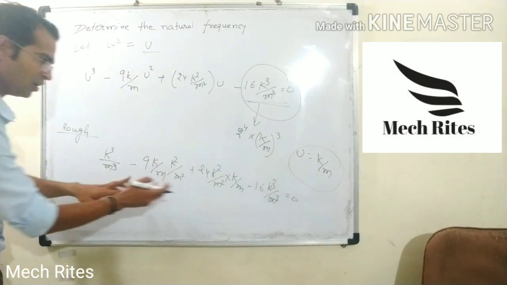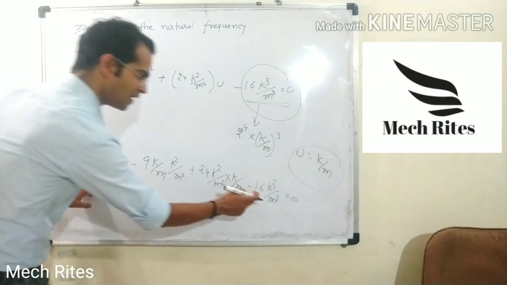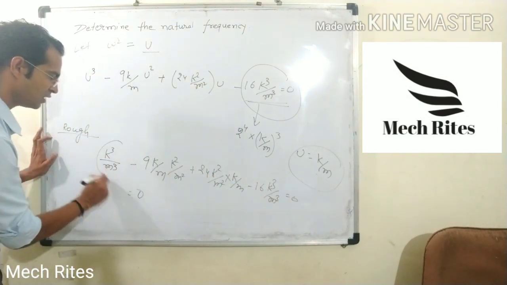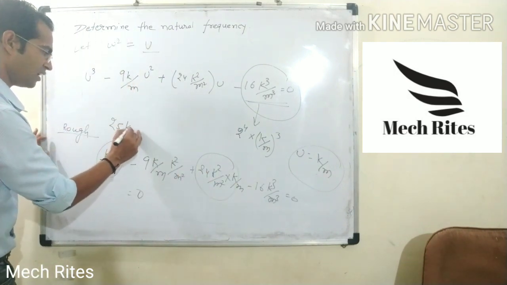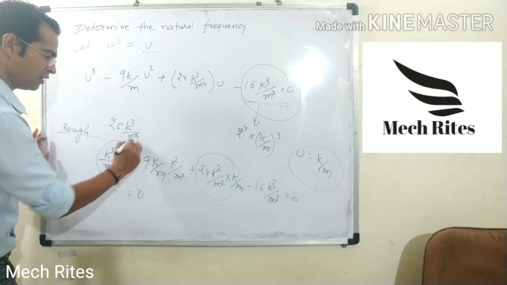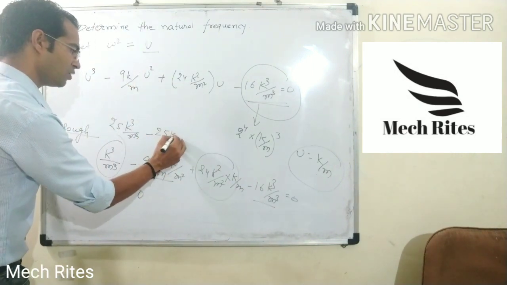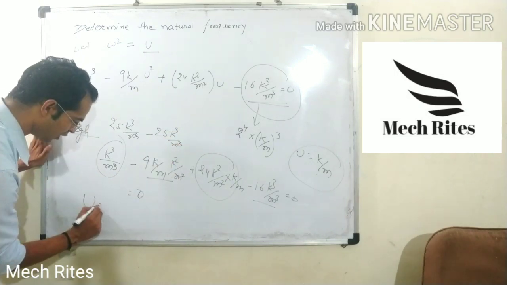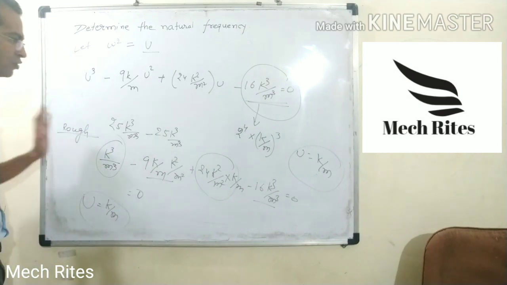So let us check. 24 plus 1 is 25. 9 plus 16 is 25. It means its total value will be 0. This plus this, it will be 25 k cube by m cube, and this will be minus 25 k cube by m cube. So definitely u equal to k by m is one root of this equation.